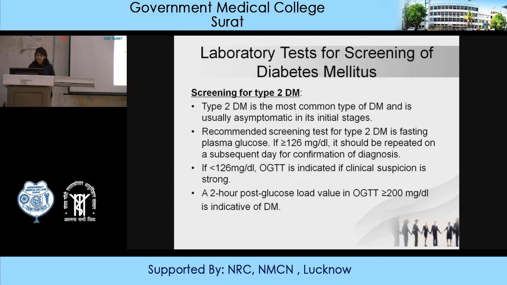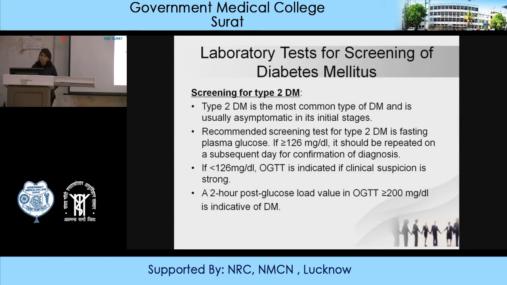So it is highly likely that if you do not screen this patient, the disease will go unknown. The patient will not at all know that he is having diabetes mellitus, and when he or she presents to you, it will be with irreversible progression of disease where you may not intervene, right?